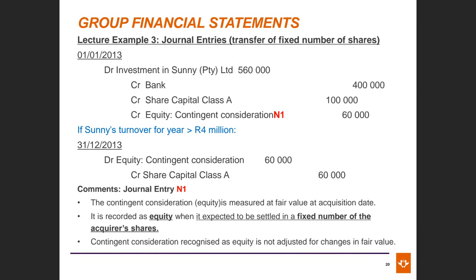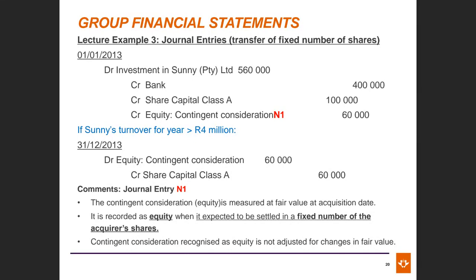So we are going to credit equity. So if we add this up, we said it was 560,000, okay? So we're going to debit investment of 560,000 at acquisition date, and here is our contingent consideration, okay?